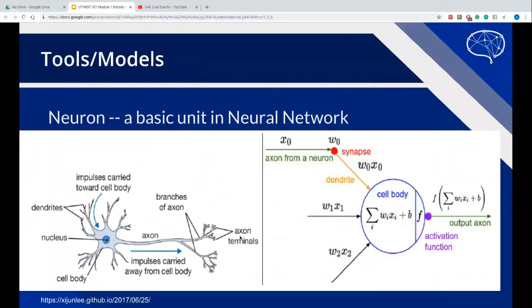The activation function is something that we apply upon the linear combination of the incoming signals plus the bias. The activation function is usually nonlinear.